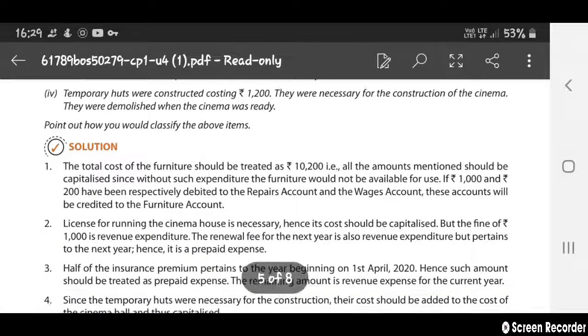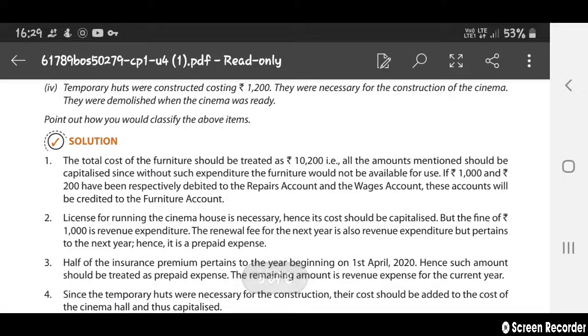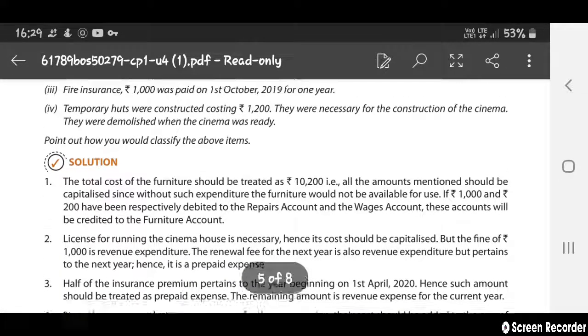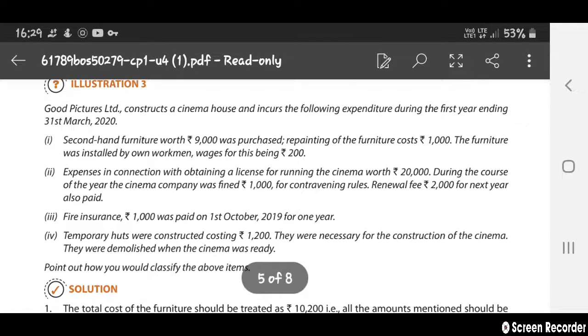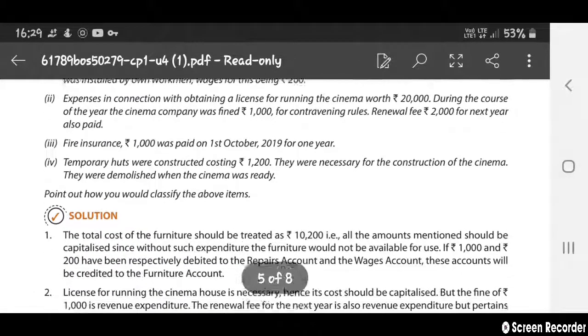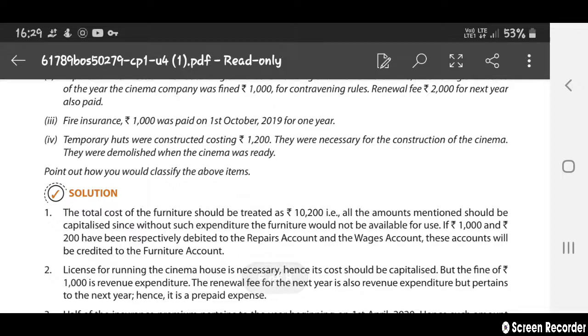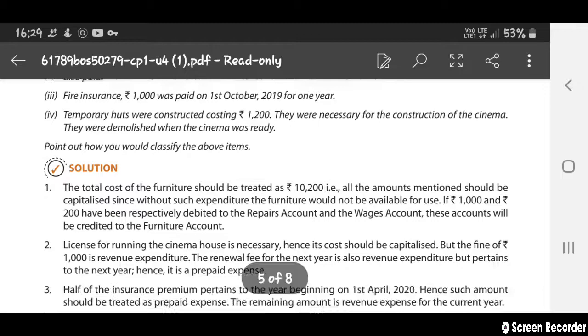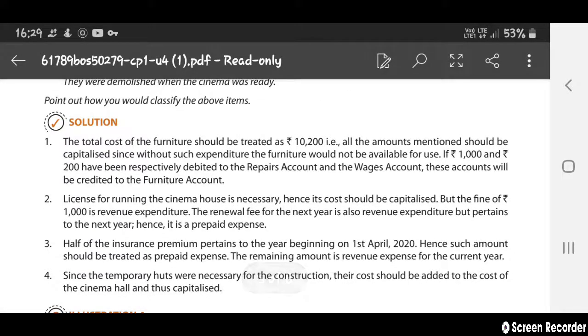So the cost of the furniture should be treated as 10,200, because all the amounts mentioned should be capitalized, since without such expenditure the furniture would not be available for use. Therefore rupees 1,000 and 200 have been respectively debited to the repairs account and the wages account, and these accounts will be credited, and the furniture account debited.